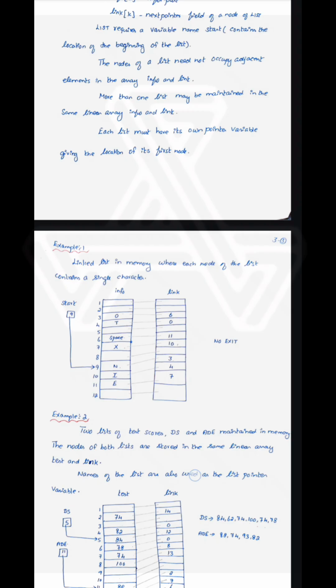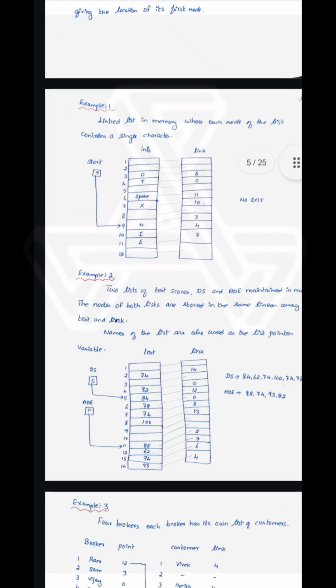Example: a linked list in memory where each node of the list contains a single character. Then it comes to this: the information is n, then the next field is 4; the information is t, then the next field is 0; then 6, then the information is 6, then space, then 11, then it goes to e, then it is 7, which is x, so the word is exit.